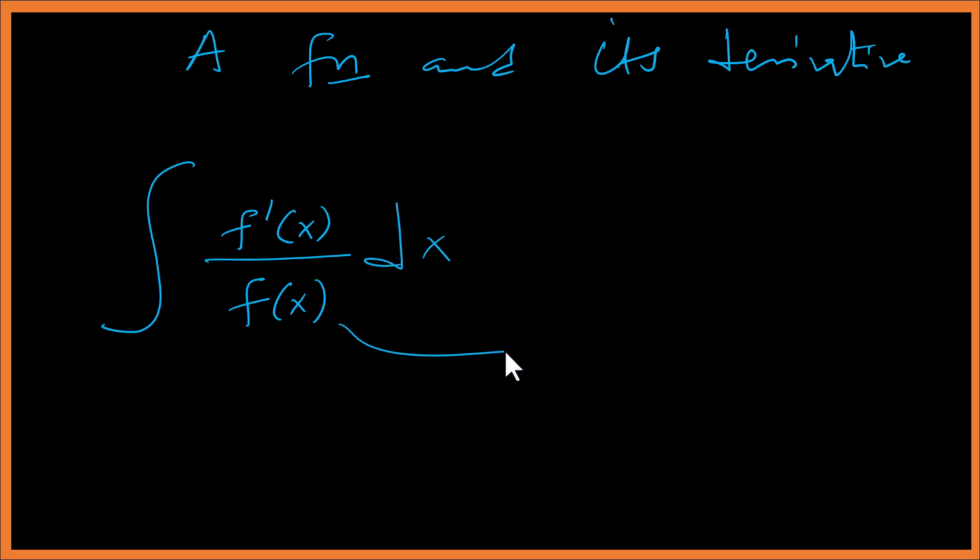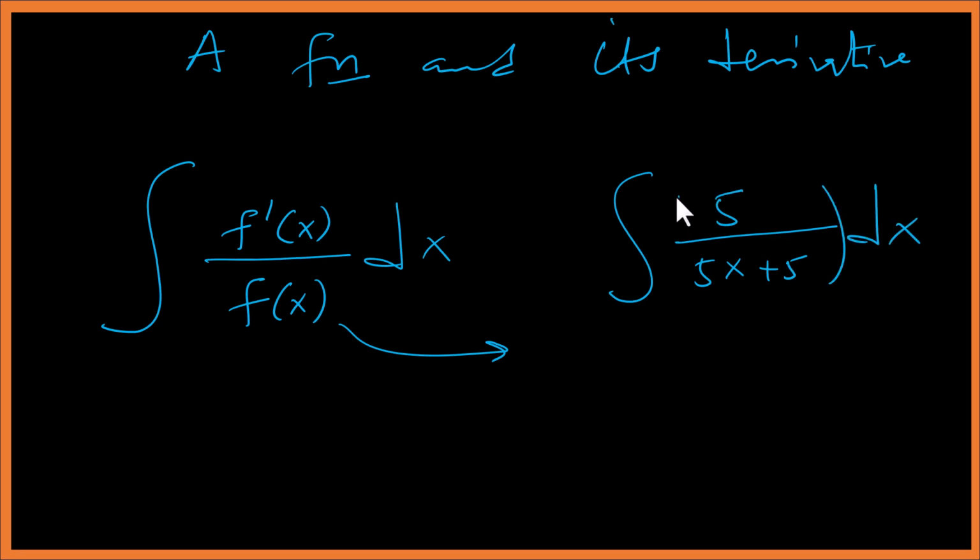So in relation to any question, for example the integral of 5 over 5x plus 5, observe that the derivative of the bottom is what is in the numerator. Once that happens, the answer becomes the natural log of the absolute value of the denominator.